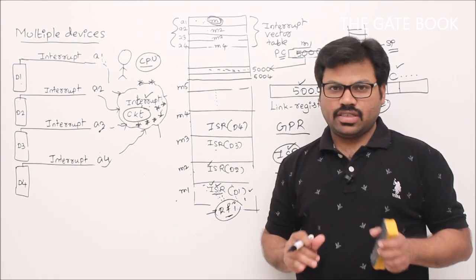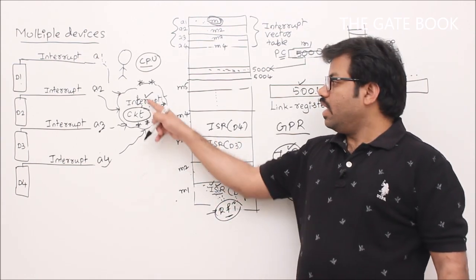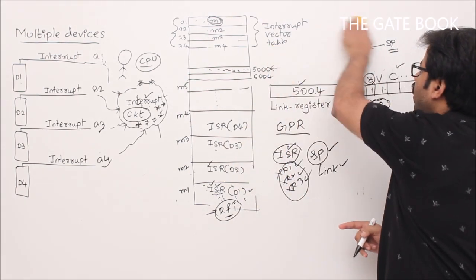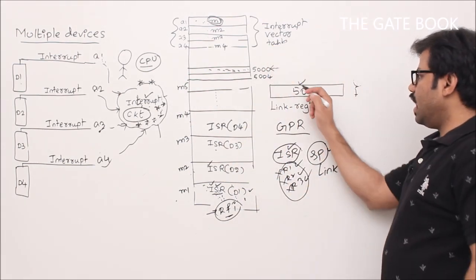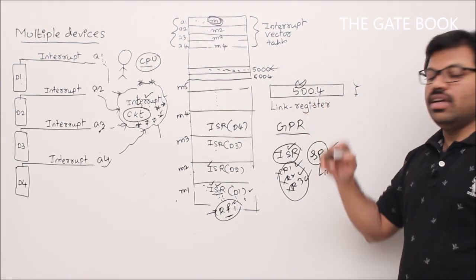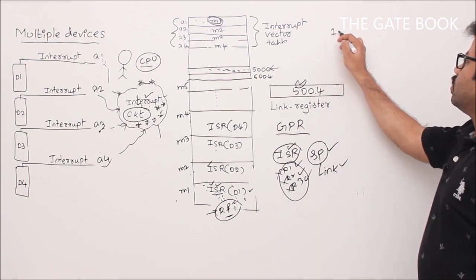Now let us summarize. Whenever an interrupt comes, in most architectures your interrupt circuit automatically does what? It saves the program counter, that means the next instruction address. I will write it.